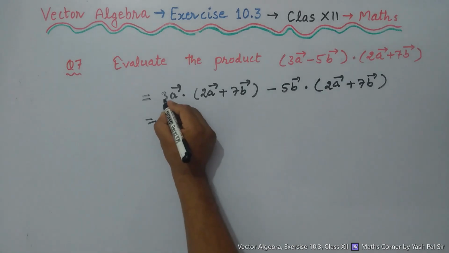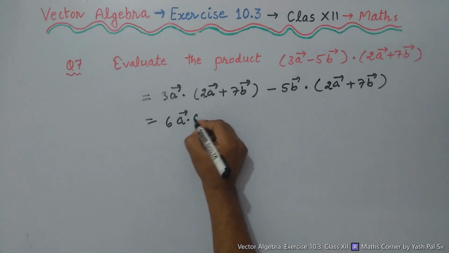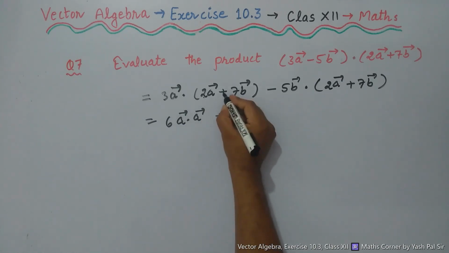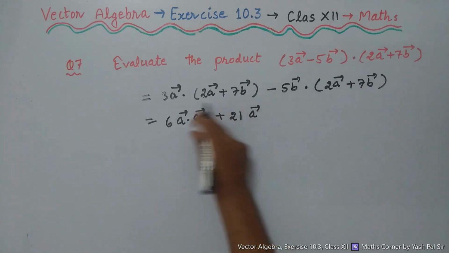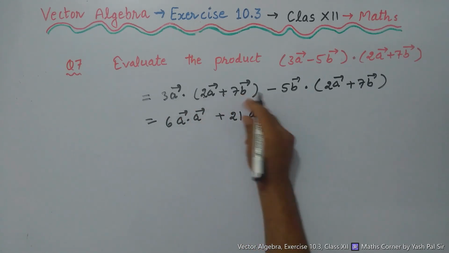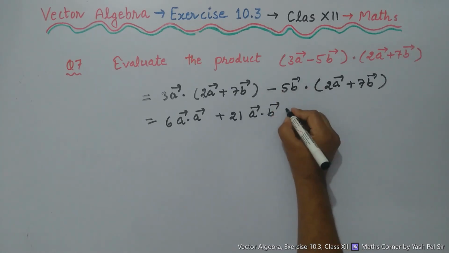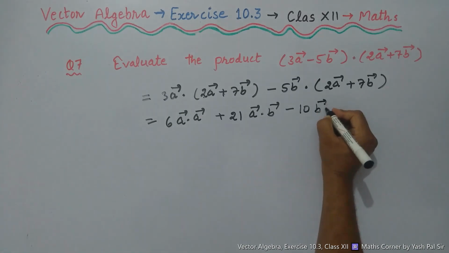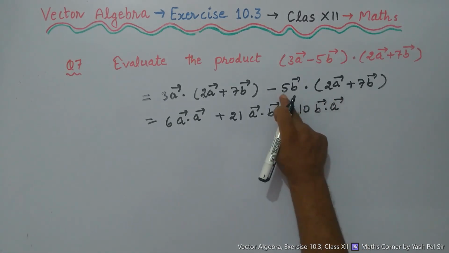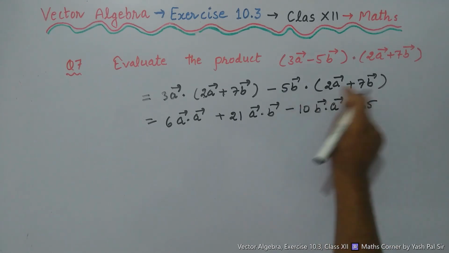So this becomes 3 into 2, 6, a dot a, plus 3 into 7, 21, a dot b, minus 5 into 2, minus 10, b dot a, minus 5 into 7, minus 35, b dot b.